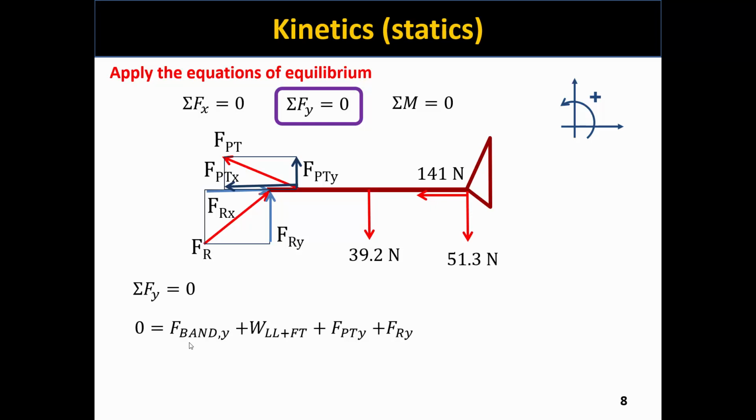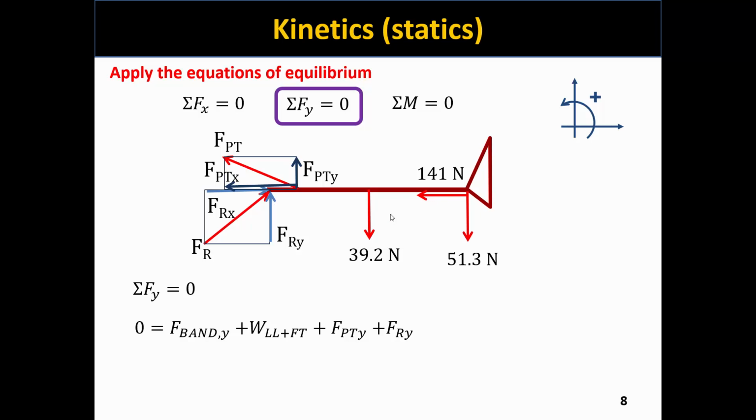Once again, I'm not going to worry about negative values right now when I'm just putting in the labels. I continue to move proximal, and I encounter the weight of the lower leg and foot combined. And I encounter the force of the patellar tendon in the y direction, and I put that in my equation. And then the last vertical force is the y component of the FR.